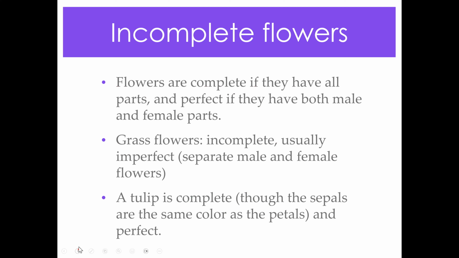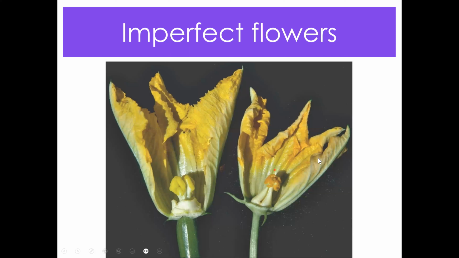A tulip, if you think about it, is complete and considered perfect because they have both the male and female relatively close to each other so that they can self-fertilize. And here's just a cross section of an imperfect flower.